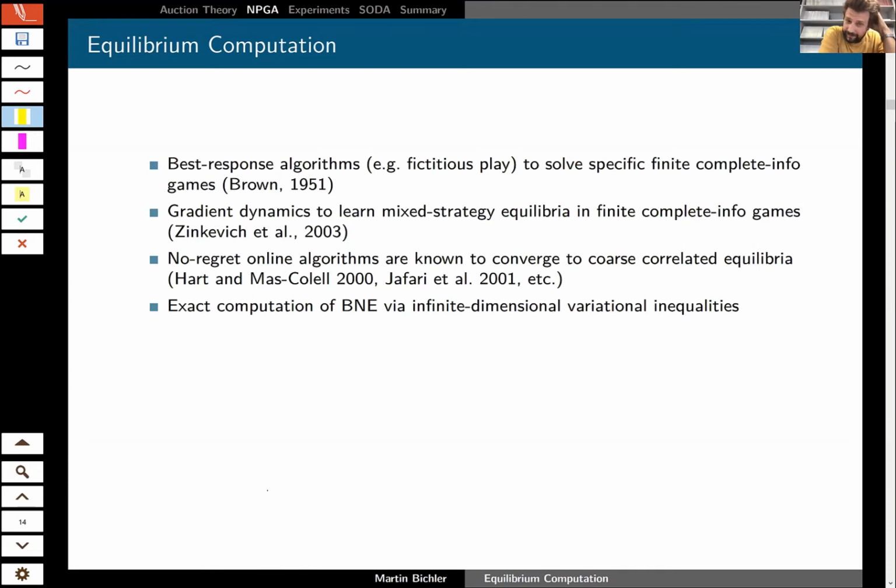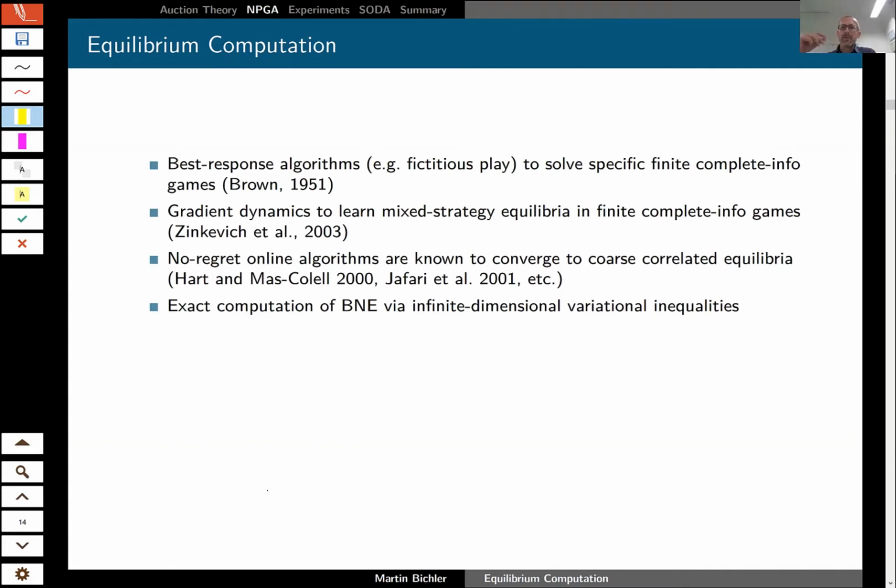But there is obviously research on equilibrium computation, and some of the literature goes back quite a bit. You might all have come across fictitious play. And then people looked at best response dynamics, and that goes back to the early 50s, really. In the early 2000s, computer scientists came up with gradient dynamics. So this is all for finite complete information games, I have to say.